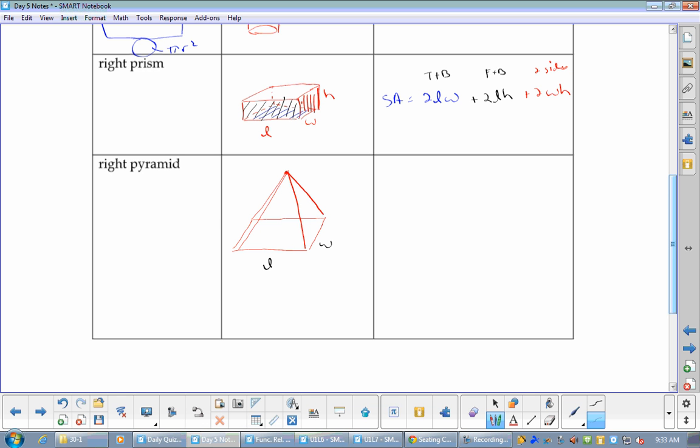And because it's a rectangle, we're going to call this S1 and we're going to call this one S2, because they're not the same. Now, if that was a square, they would be. So in this case, we're going to call it a rectangular pyramid.